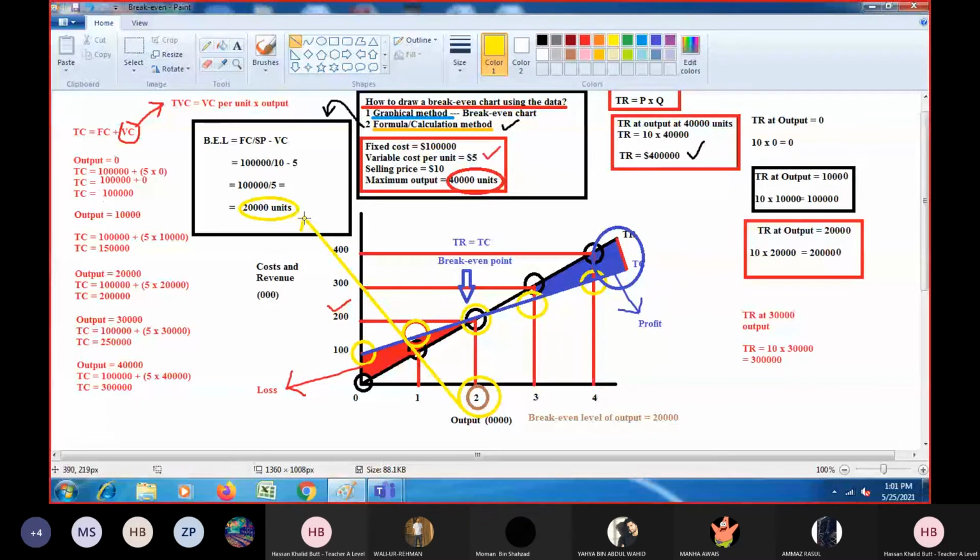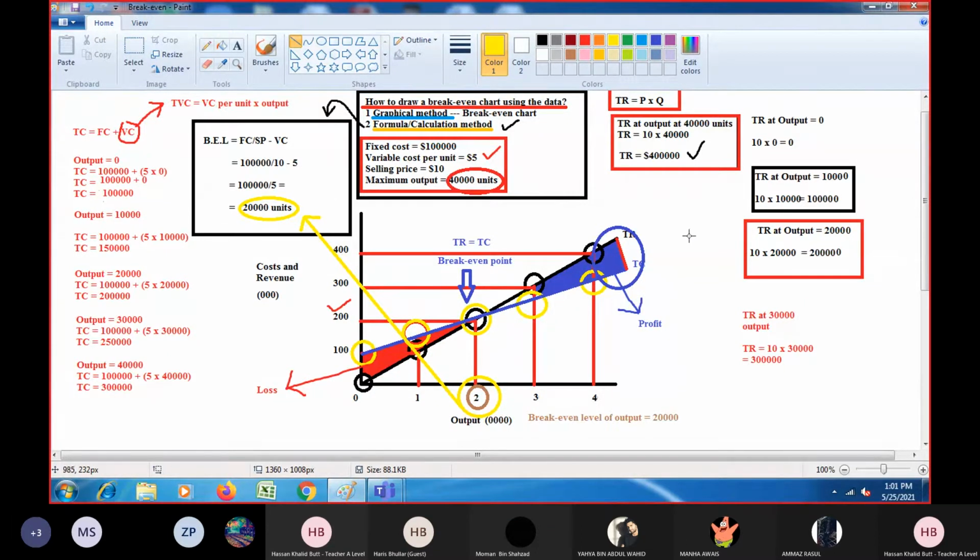That shows that our working was correct. It means that our break-even chart is correct because we got the same answer using both methods, right? So it is always recommended that whenever you draw a break-even chart, you always use the calculation method to see whether the same answer comes out or not.